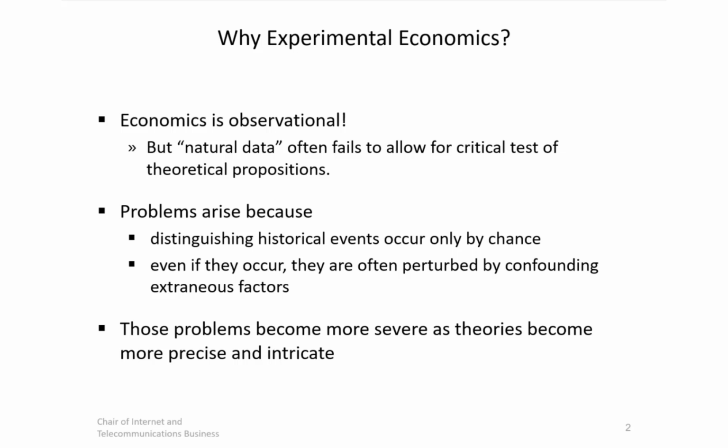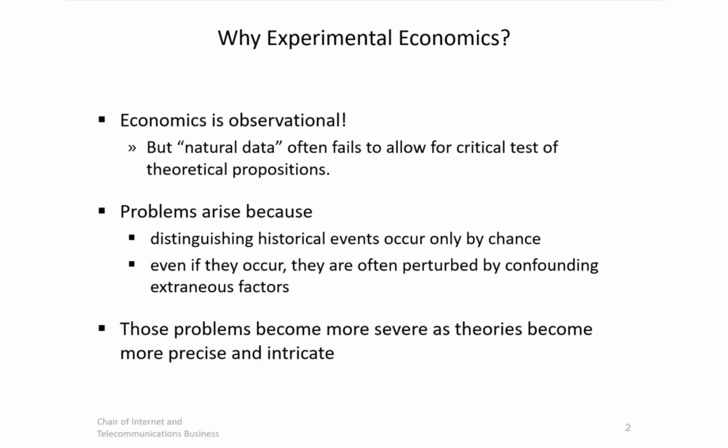If you want to understand how the behavior of something changed, we need a change that is completely independent. Even if these historical events occur, they're often perturbed by different confounding extraneous factors.